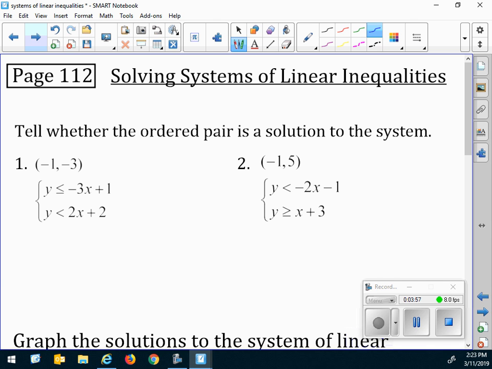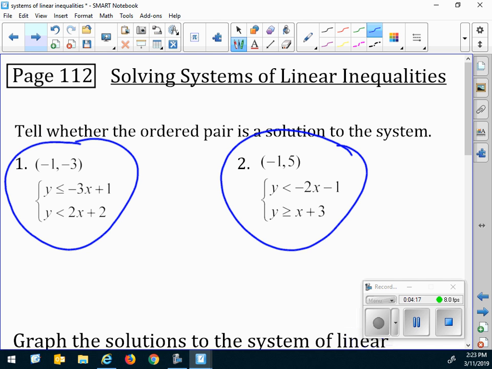On page 112, I want you to write at the top, is the point a solution? And then I want you to write this for your number 1 and this for your number 2, just like you did on page 111.